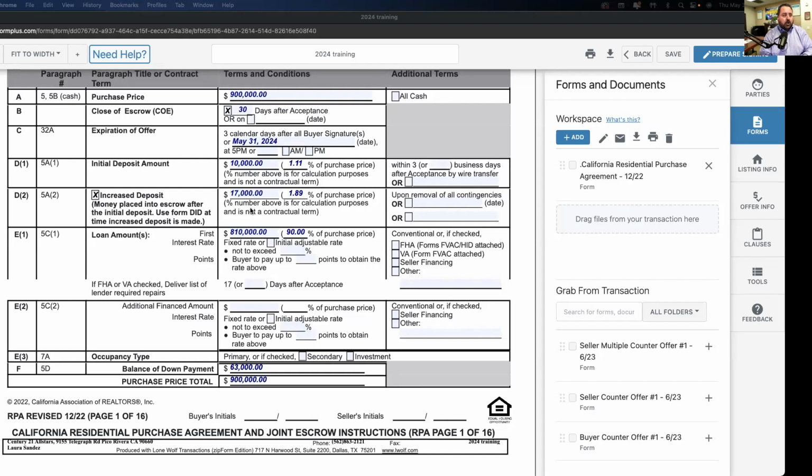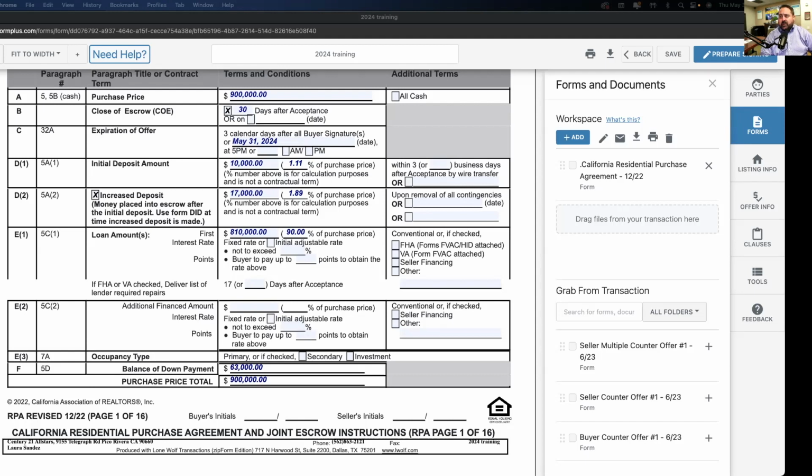So our loan amount is $810,000, which was 90%. We decided it was going to be a 10% down. And that would show here our balance of the down payment at 63 because that is the difference between your loan amount, your initial deposit amount, your increased deposit amount, and the rest of your down payment. So just kind of get the math in order there.